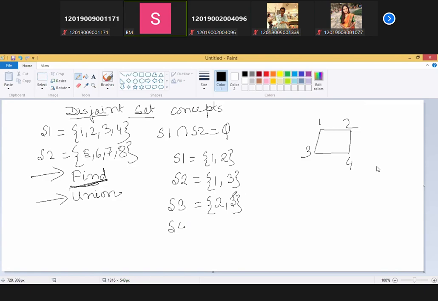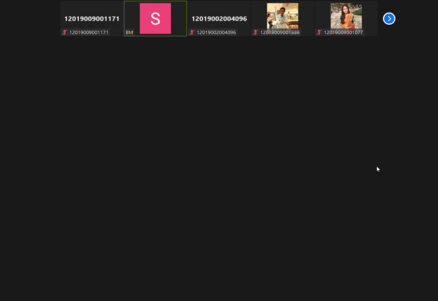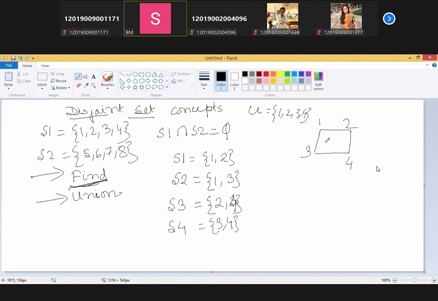Sorry, this is 2, 4, and set 4 is 3, 4. I'm taking each of the edges. Or even if you want, you may start with a universal set of all the vertices, 1, 2, 3, 4. That is also okay. So find means whenever I am searching for a node and its associated edge.